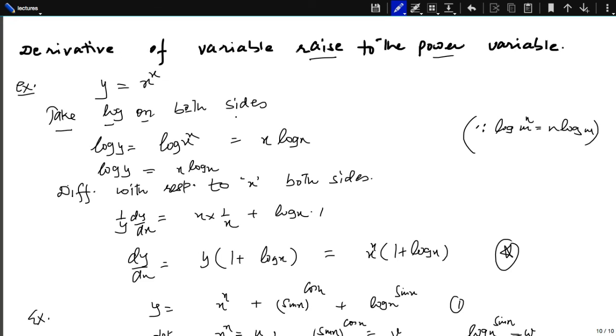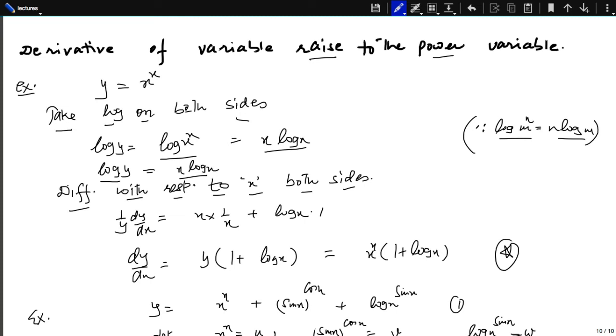This is very important. Log of y equal to log of x raised to x, that is x log x, because log m raised to n equal to n log m.